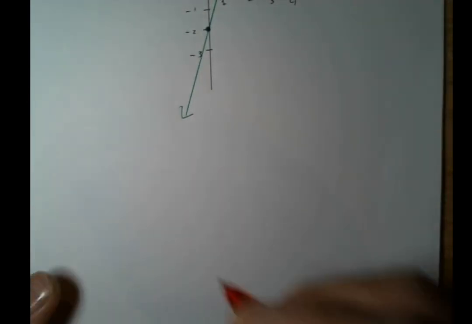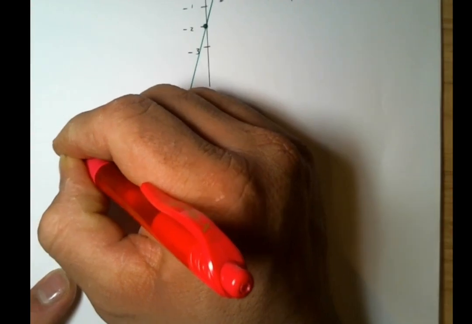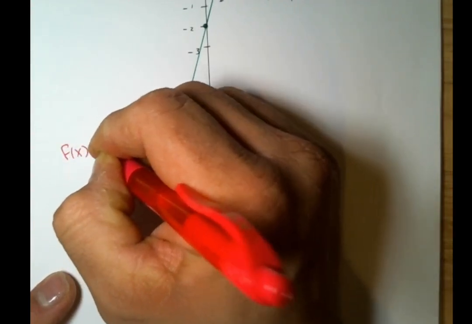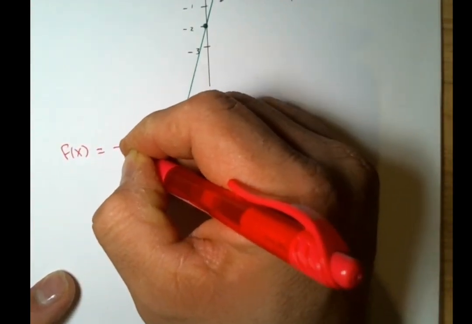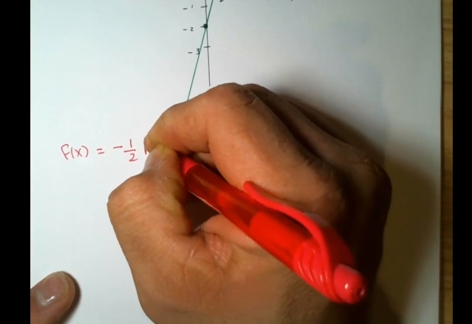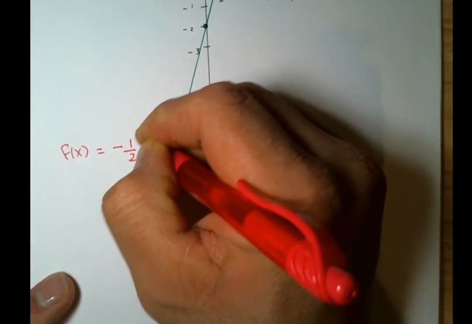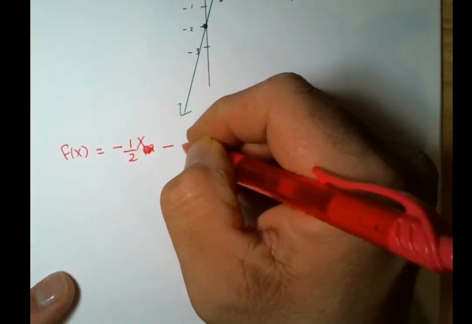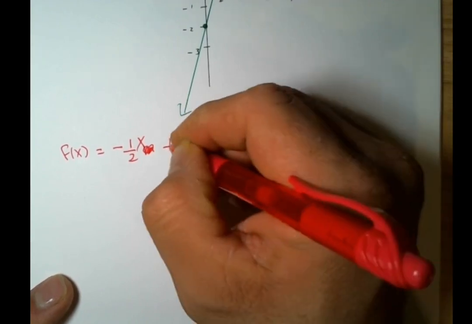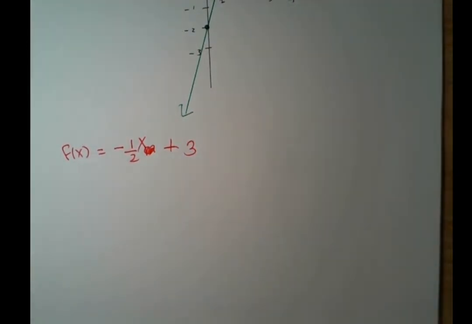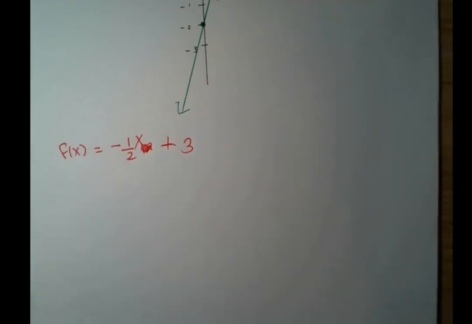Let's say that my function is f of x equals negative 1/2 x plus 3.